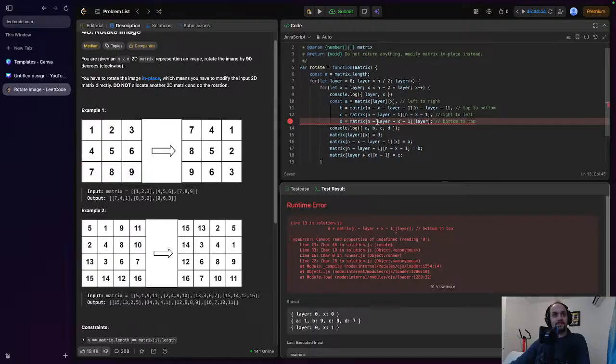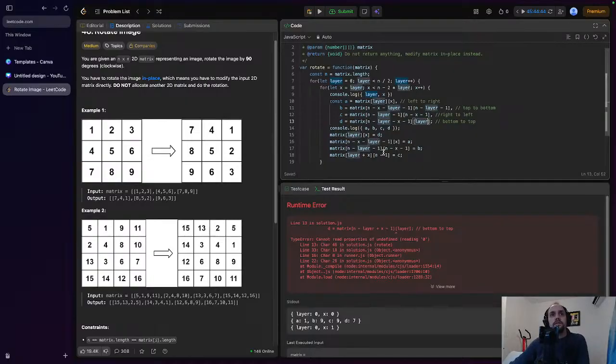Oh, and then there's the fact that these need to change too. I cannot read property undefined. Alright, so this is bottom to top. The first one is the Y, which should be N. Oh, we got a minus X here.